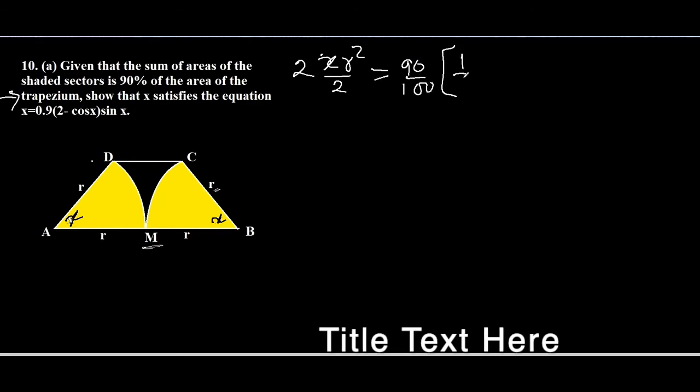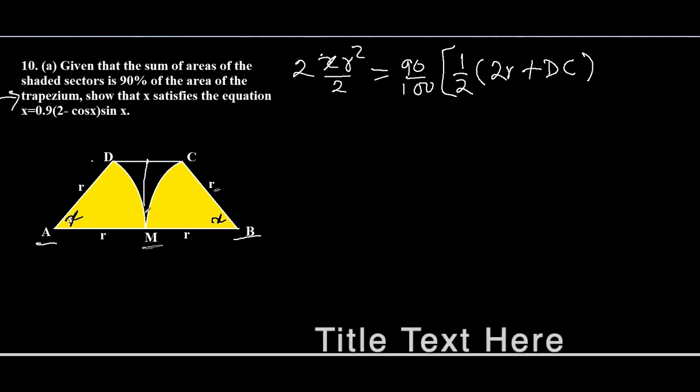The area of the trapezium is 1 over 2 times the first parallel line, let's say the longer one, AB, which is equal to 2r. For the shorter line, DC, we will convert it in terms of r later on. And multiply by the height. Let's call the height H.